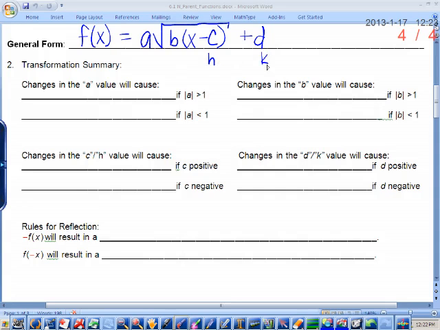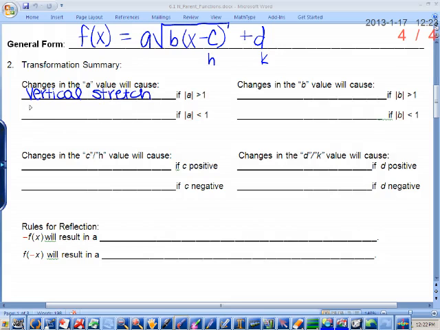Okay, so let's review, what does that a in front of our function do? In a quadratic, it helps us figure out if it opens up or down, but right now I'm just focusing on transformations. What transformation happens if we multiply the whole function by a number? Good, it's either a vertical stretch or a compression. When your a value is bigger than 1, it is a vertical stretch.